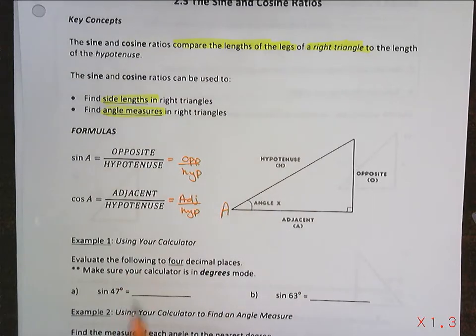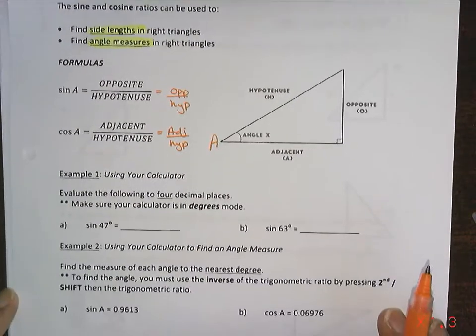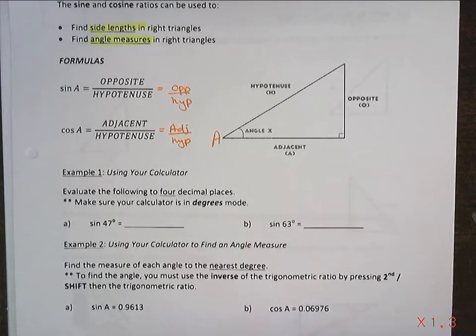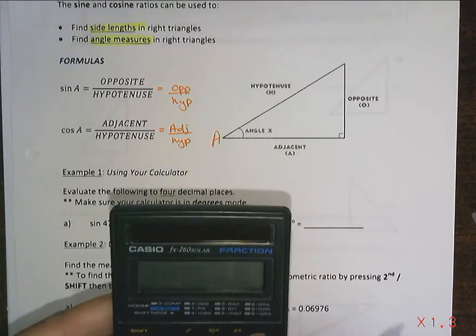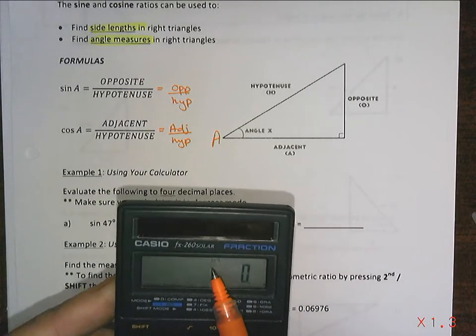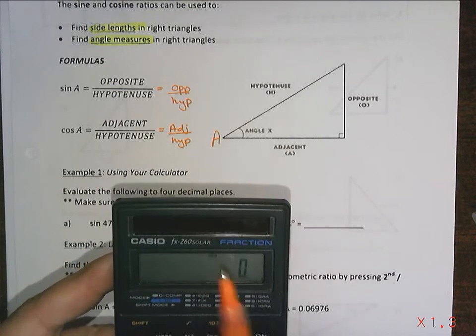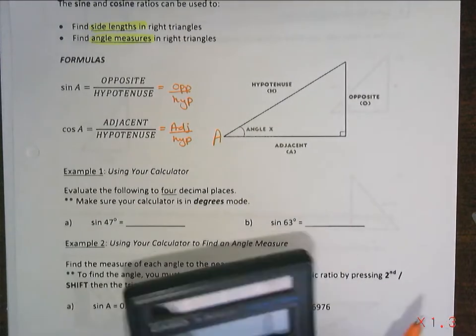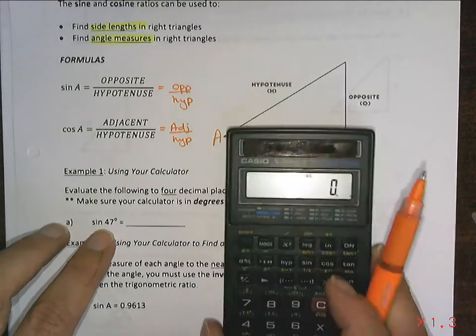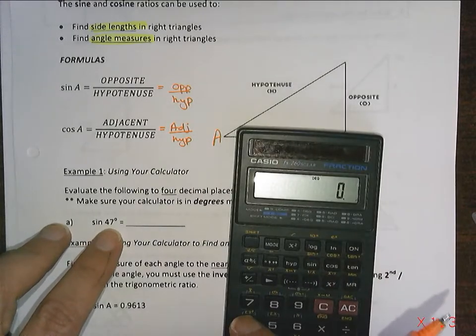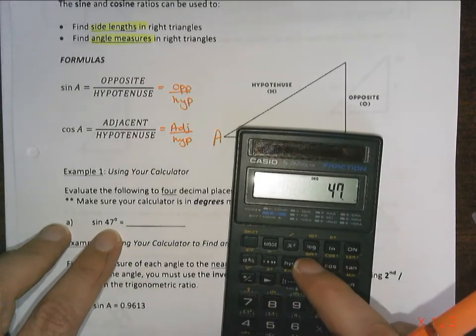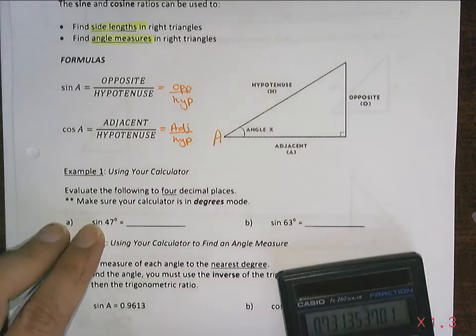So example 1, we have to learn how to use our calculator first. So the first thing you do is you grab your calculator and you need to make sure that you are in degrees. Check out your mode, check out your settings. If there's a problem, see me in class. So 47 degrees. So I take 47 and I hit sine, and that gives me an answer.